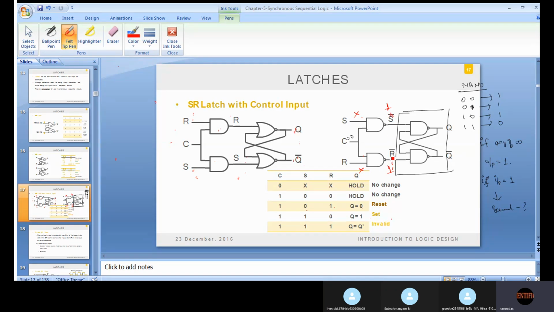So 1 and 1, if you are feeding this to the circuit, let us see the operation with the NAND gates also.